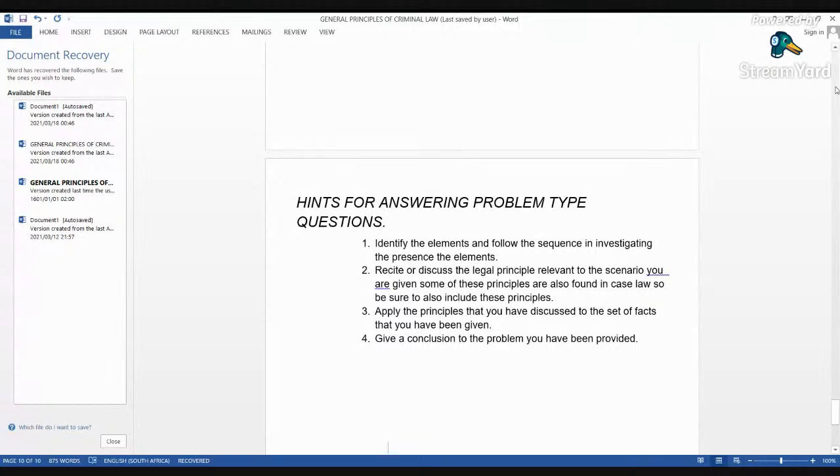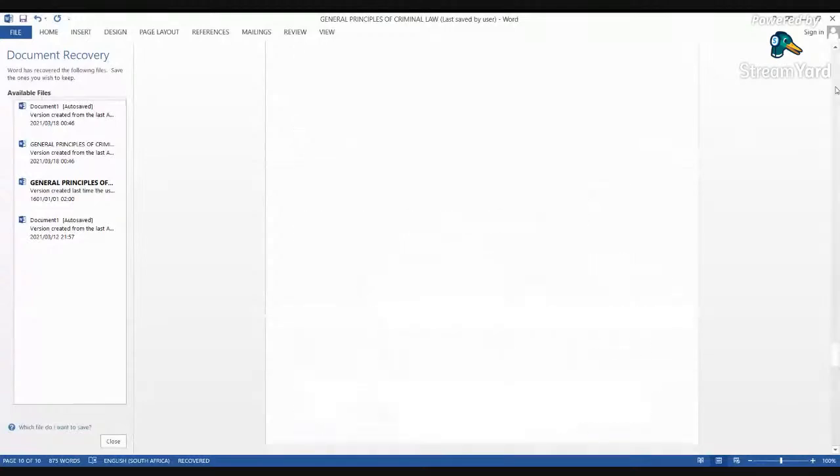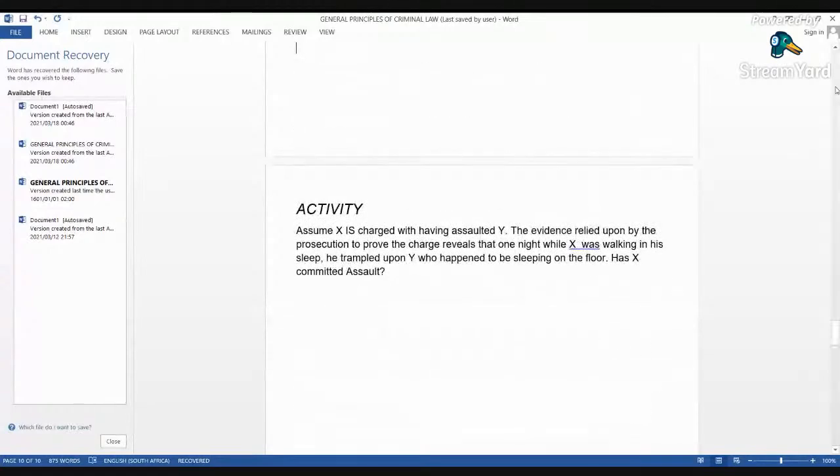In the question in our study guide, when we say identify the elements, what are the elements? You already know them. If you get into the exam, quickly write them down in their order, like a formula: acts, compliance with definitional elements, unlawfulness, and then criminal culpability.